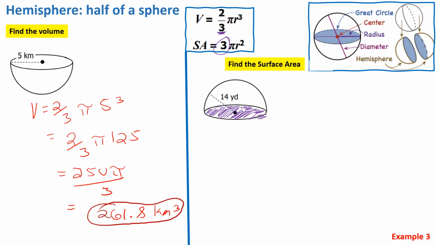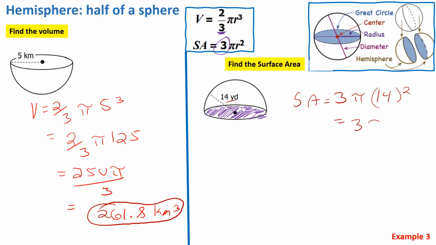All right. So now we're going to find the surface area of this hemisphere. So surface area is equal to 3 times pi times r squared. So r would be 14 right here. 14 squared is 196.